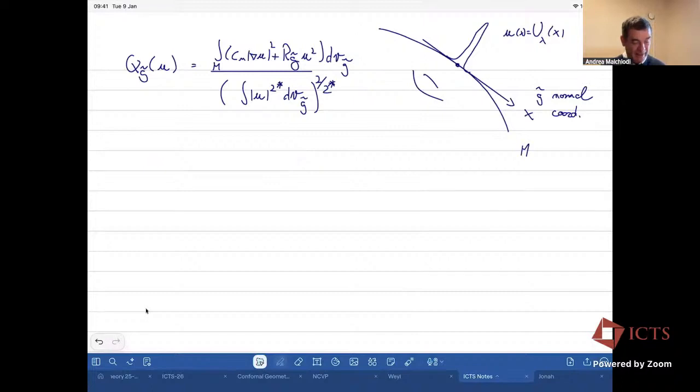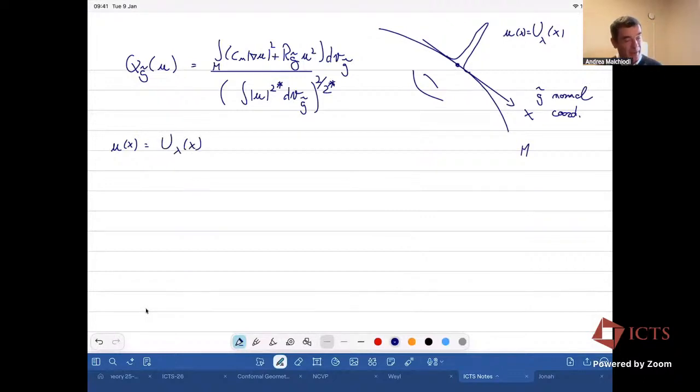Okay, so we can estimate each of these terms. All right, so it turns out that for this choice, u of x is now really a radial function. Okay, we are using normal coordinates. Also recall that the volume element dVg tilde is very close to the Euclidean one.